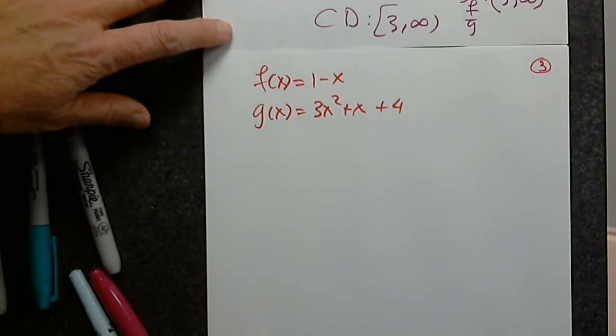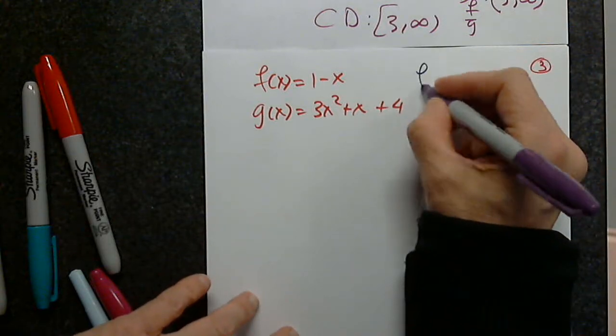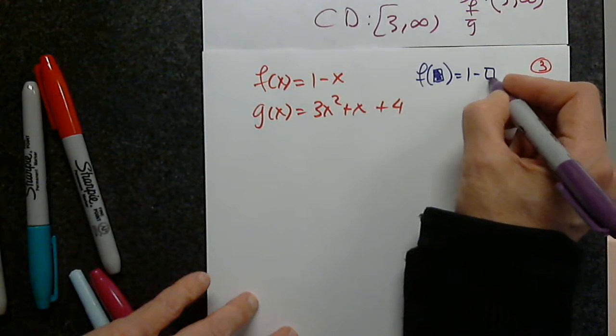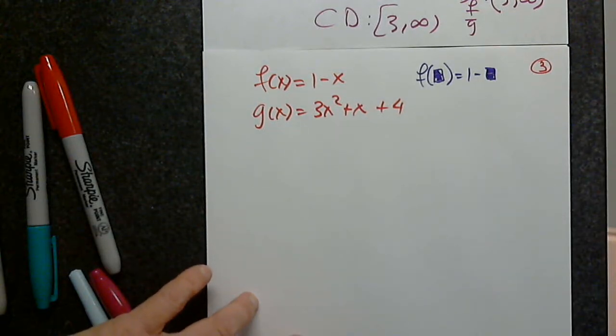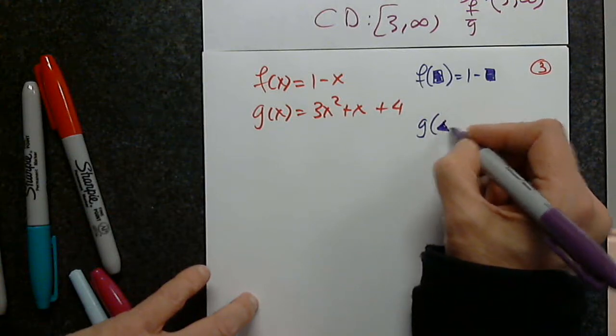Let's determine both. Here's what I would do on scratch paper for this problem. I will make myself a note. This is my first note. And this is my second note.